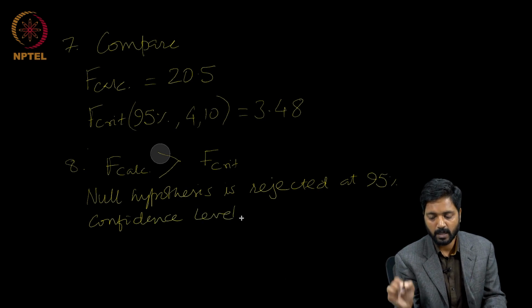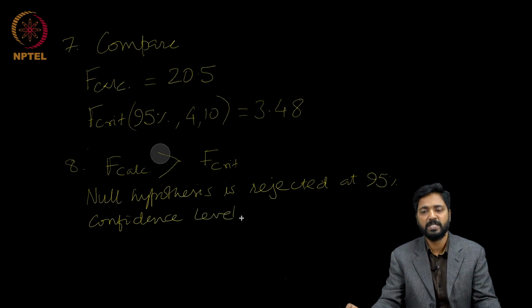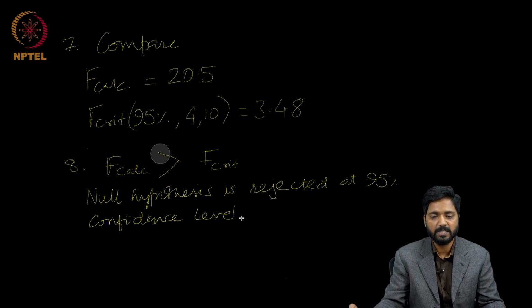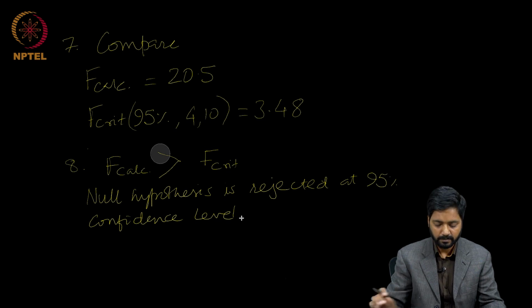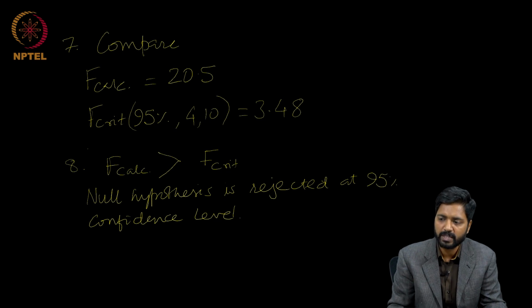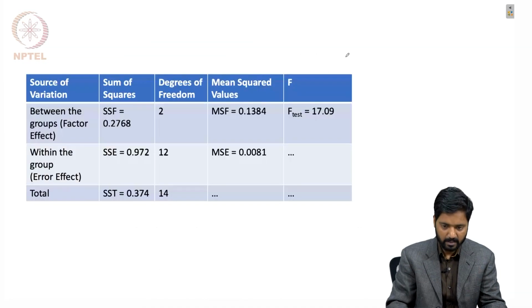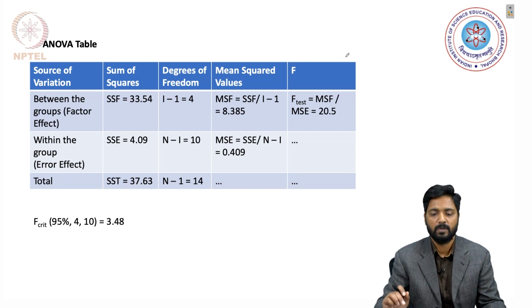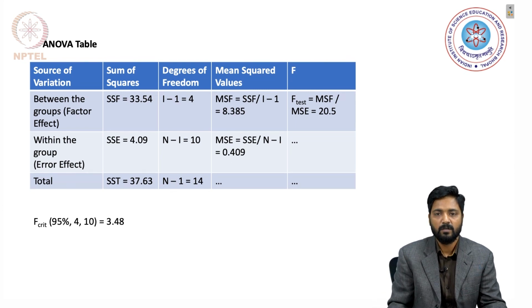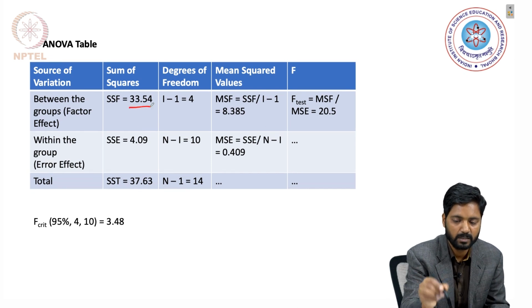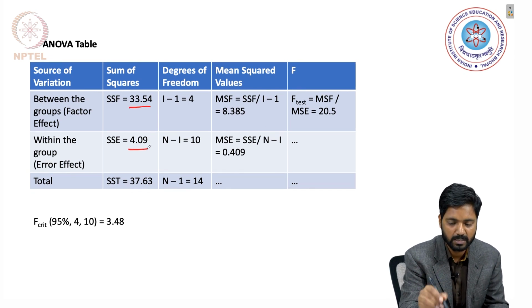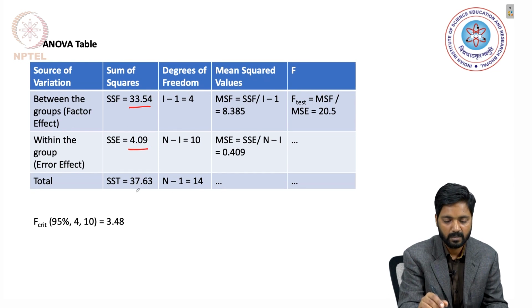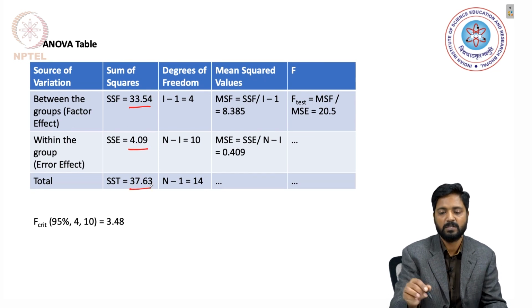level. Now since the null hypothesis has been rejected, we will next be calculating the least significant difference. The analysis of variance table has been provided here based on the values that we obtained. So the SSF here is 33.54, SSE is 4.09, sum of squares total is also listed.